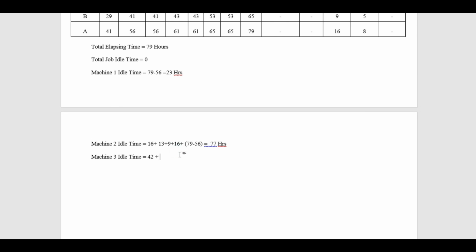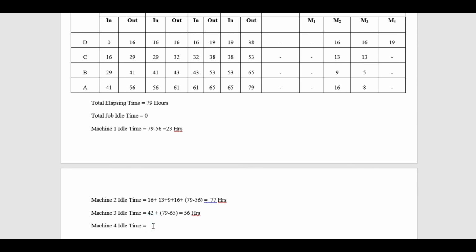So 79 minus 65 will be 14 hours. For machine 4, the idle time will be 19 hours.